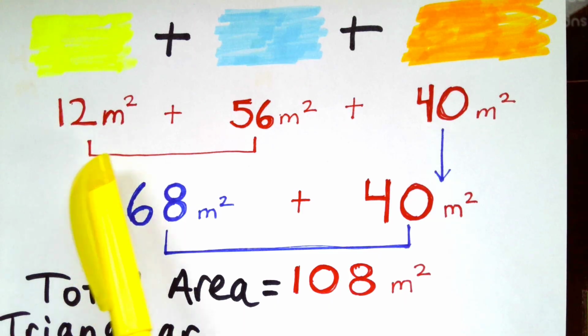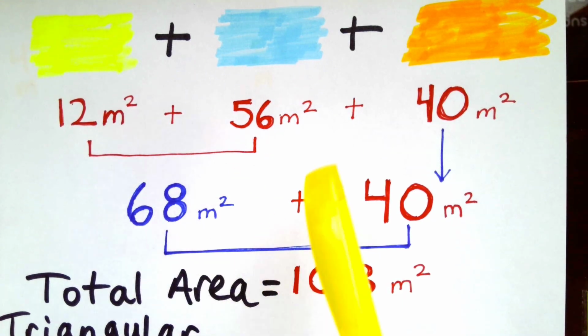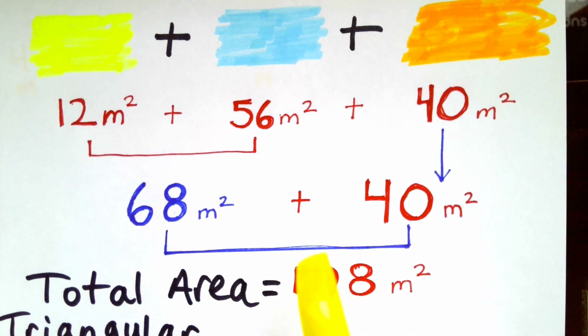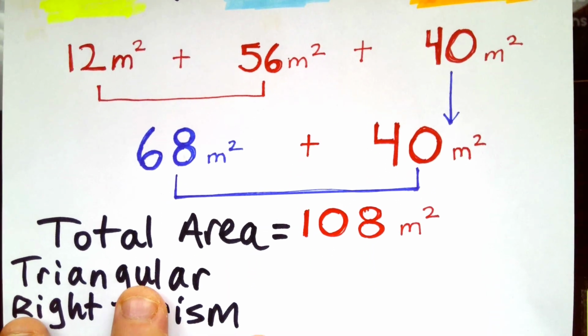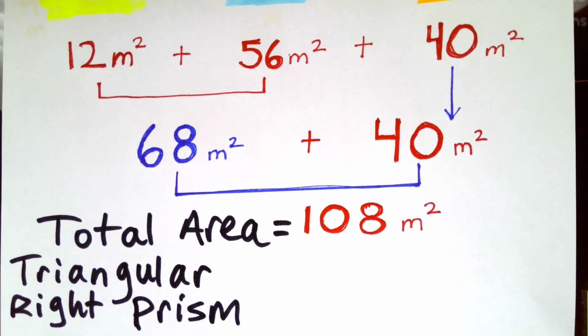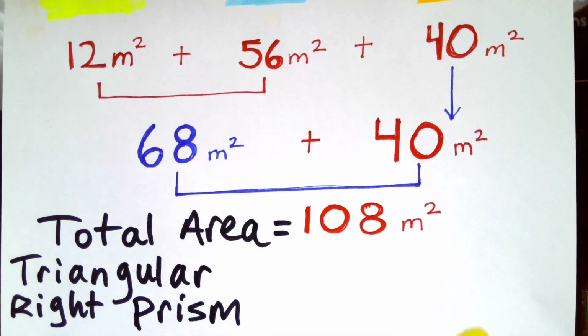You can see 12 and 56 is 68 meters squared. Plus 40, 68 plus 40 is 108 meters squared. The total area for this right triangular prism is 108 meters squared.